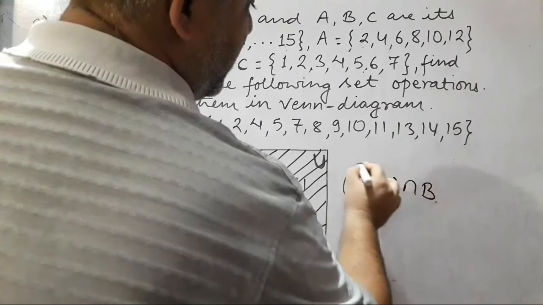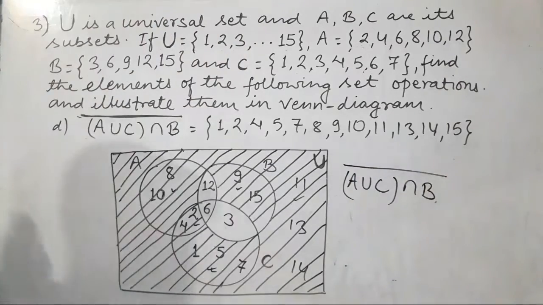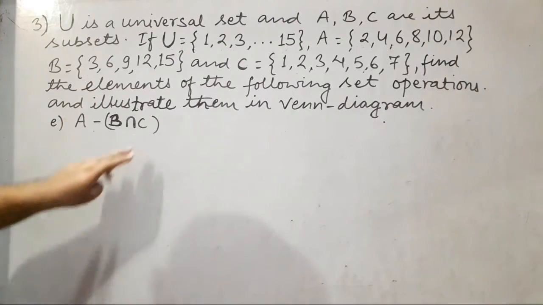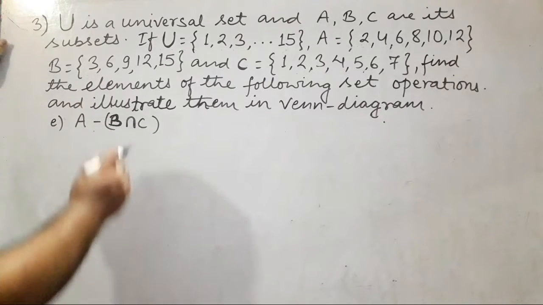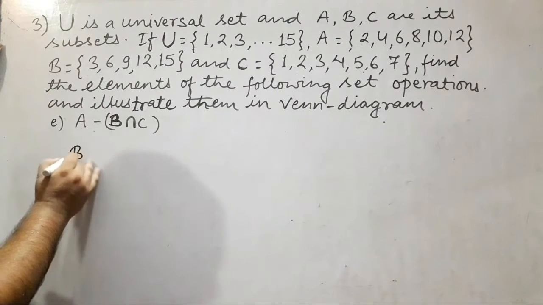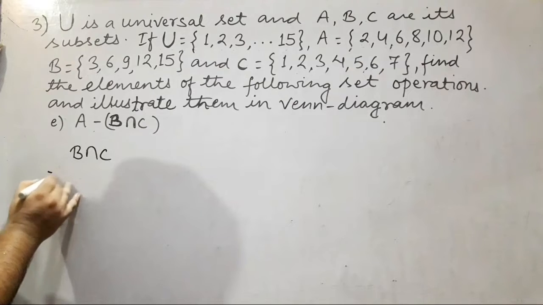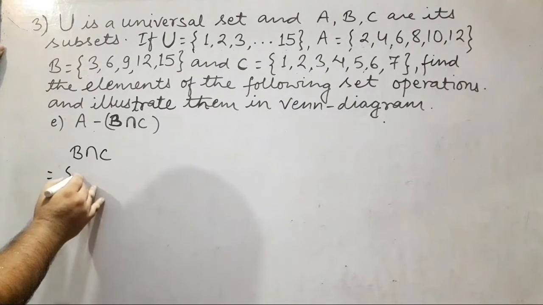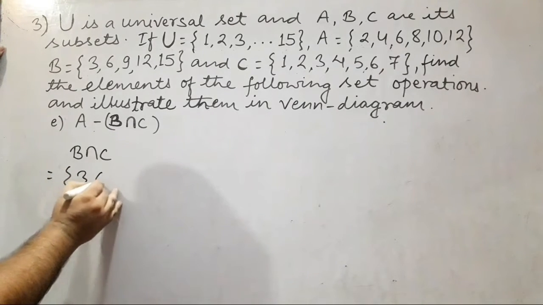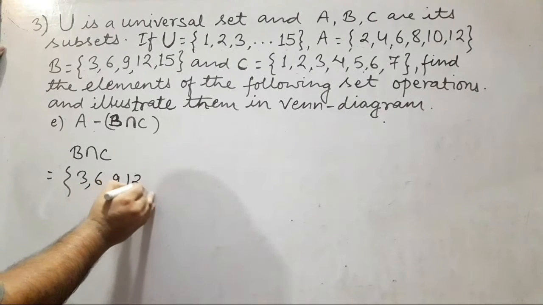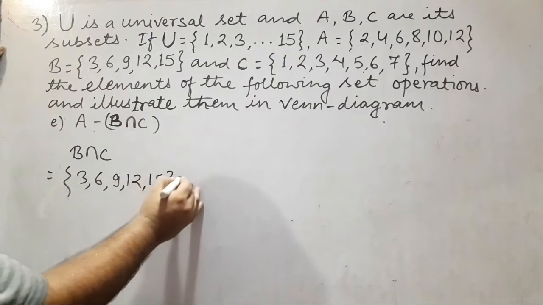Next, A minus (B intersection C). The operation given inside the bracket is B intersection C. The elements of B: 3, 6, 9, 12, 15.